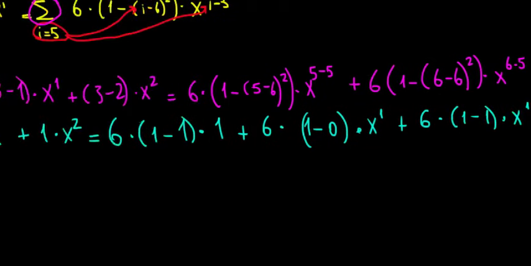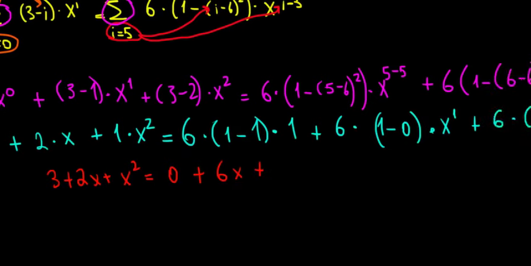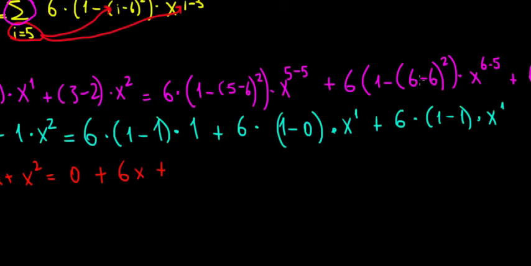Okay, let's see what we have now. Let's write them a bit more neat. So 3 plus 2x plus x squared is equal to 6 times 0 times 1, which is just 0, plus 6 times 1 times x, that's just 6x, plus 6 times 0 times x, because 1 minus 1 is 0, so that's just 0 again.